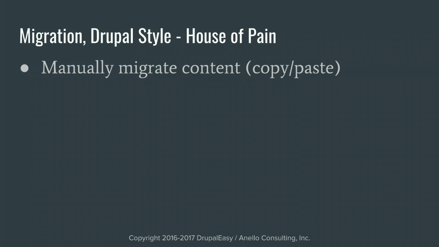So I've actually recommended for clients who have content on the order of, usually under 200 things, users plus nodes, to consider just a manual migration, because that can save money and save time, especially if there's a content audit and content updates involved.